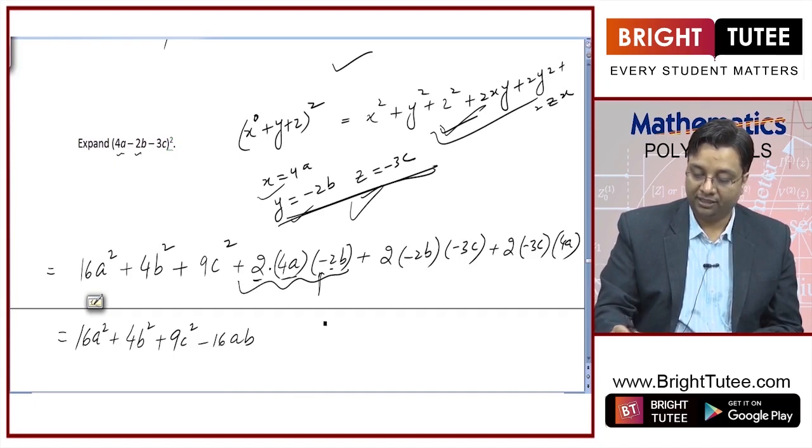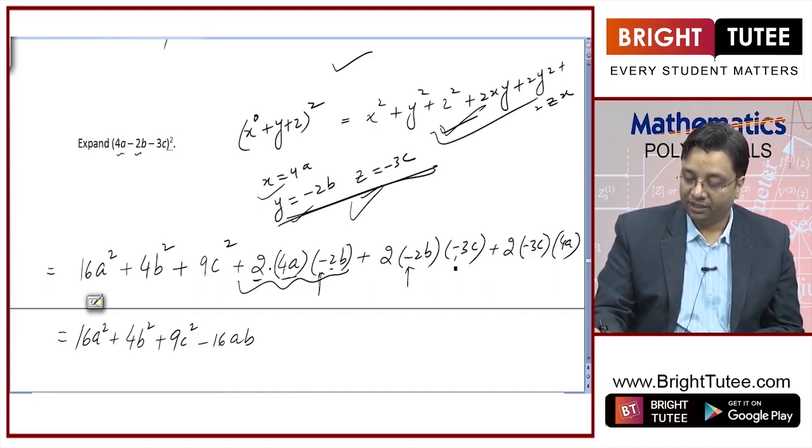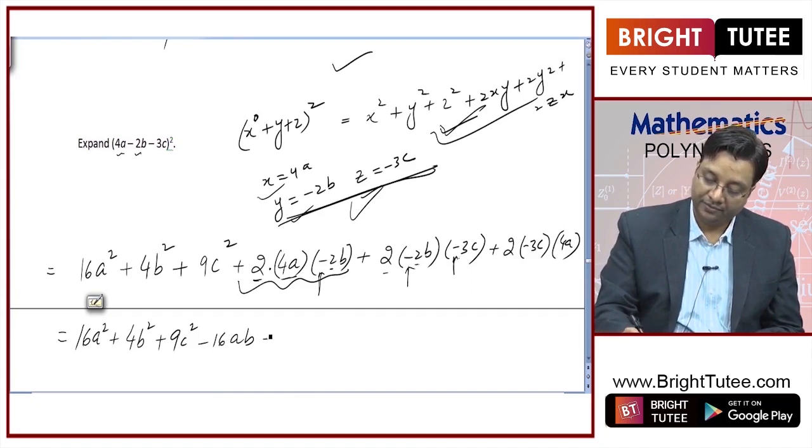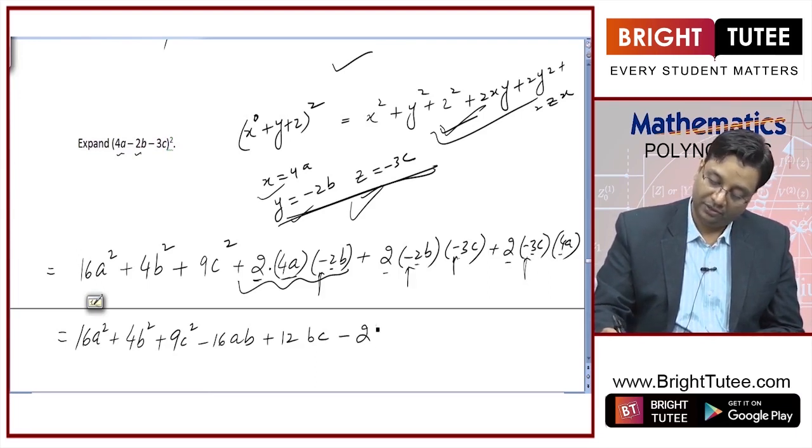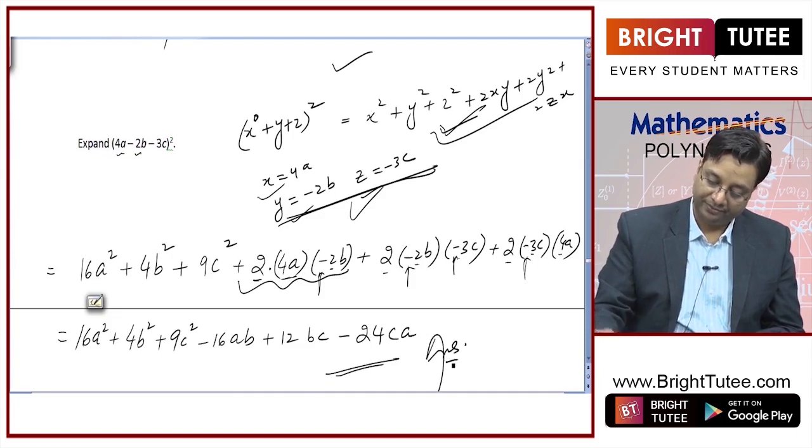So this is minus 16ab and this minus will become plus. So this is 2 into 2, 4 into 3, 12, plus 12bc. Look at this, minus because of this minus sign, so negative. 2 into 3, 6 into 4, 24ca. This is the expanded form.